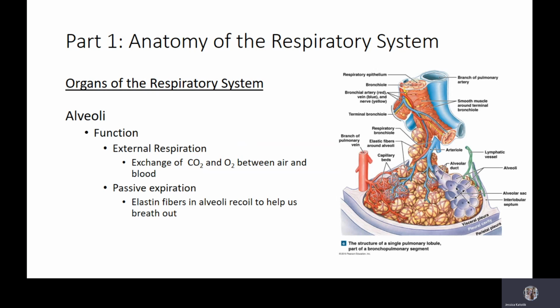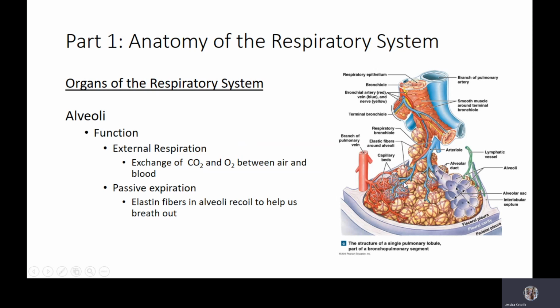They actually help us breathe out. In quiet breathing and passive expiration, we don't use muscles to force the air out. The air will naturally come out as the diaphragm is going up into the thoracic cavity and as these elastic fibers are recoiling and forcing the air out. More on that when we get into the next video.